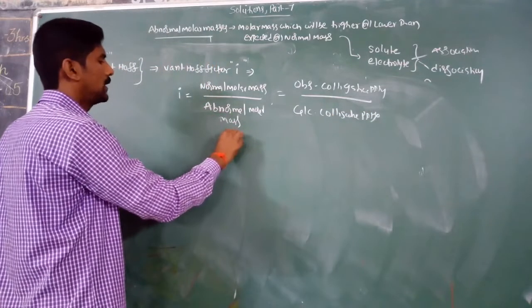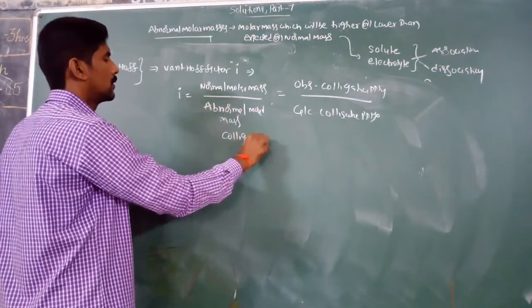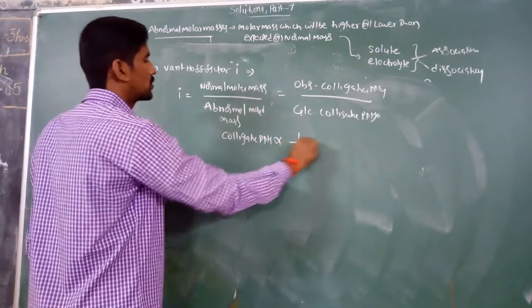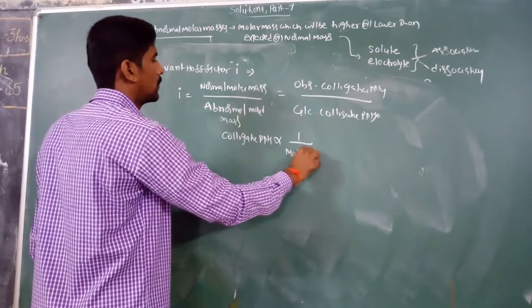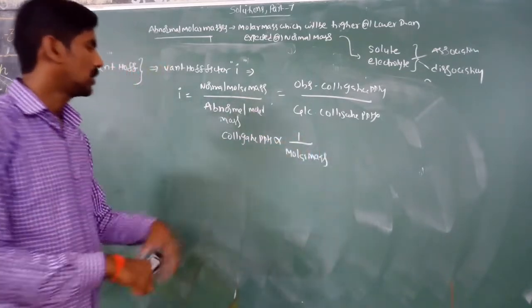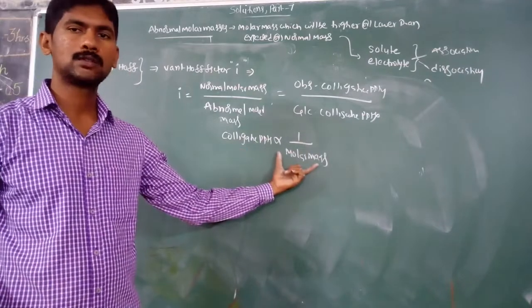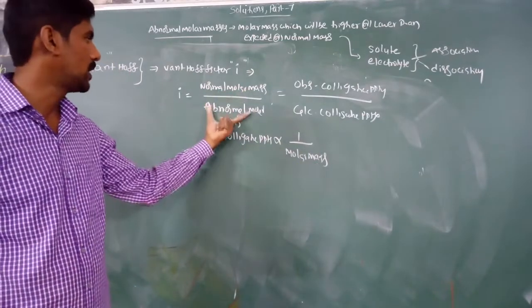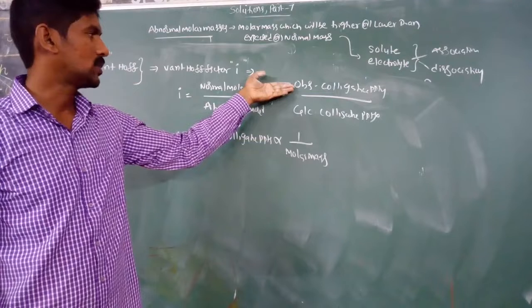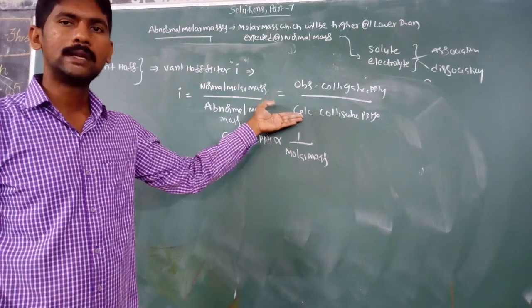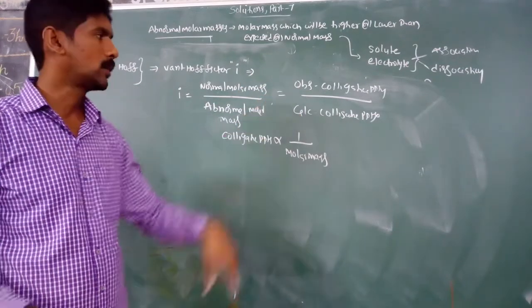Since colligative properties are inversely proportional to molar mass, that is normal by abnormal, here it is reversed: observed colligative property by calculated colligative property.